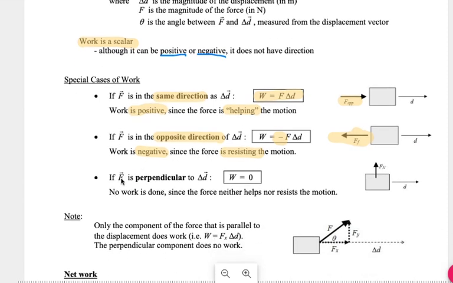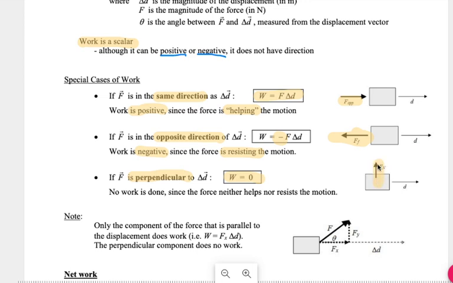Finally, if the force is perpendicular to the displacement, we have no work. So that normal force is doing no work on this object because it's not moving a distance in that vertical plane. We're still keeping in mind our two-dimensional vectors for this unit.